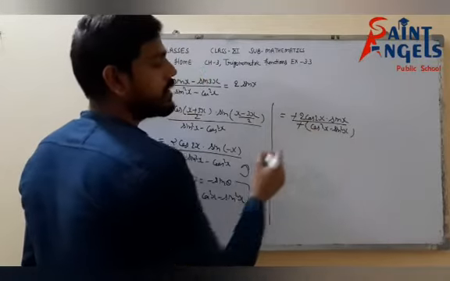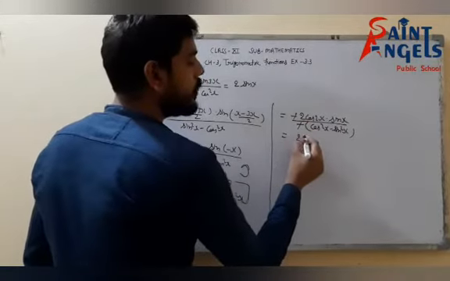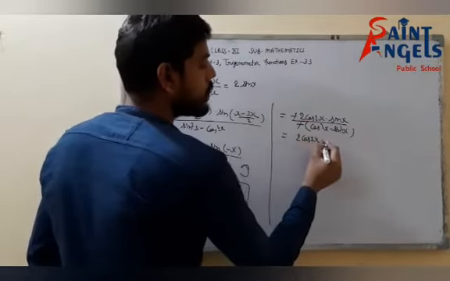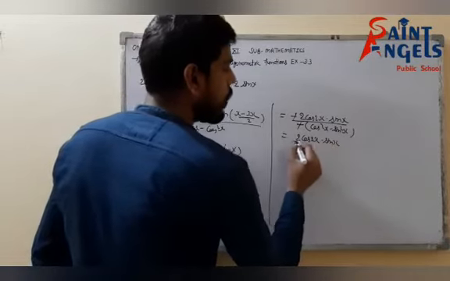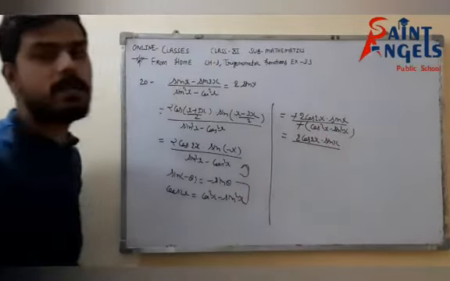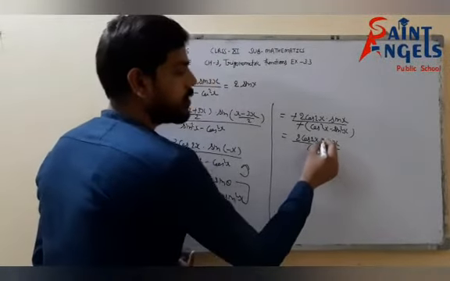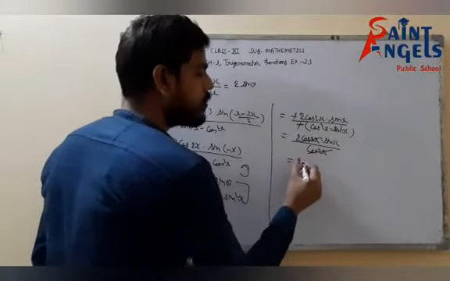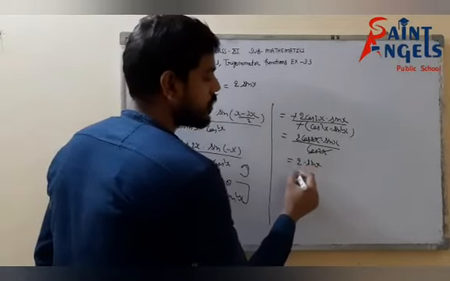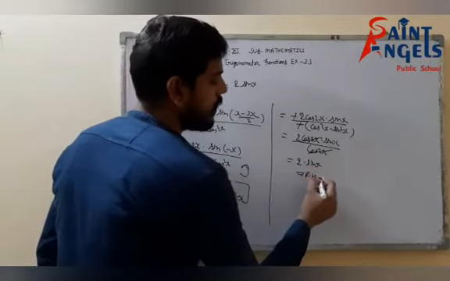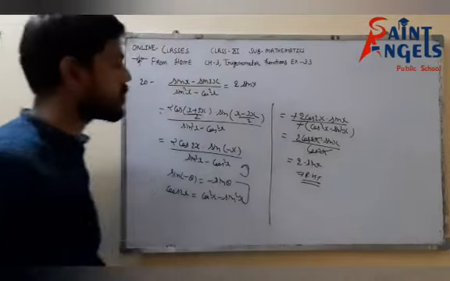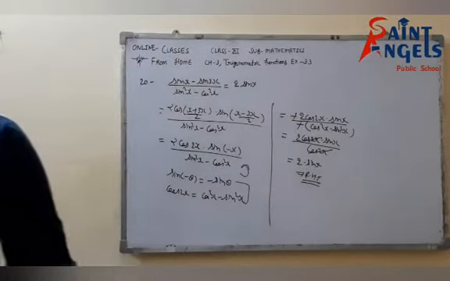The minus would be cancelled out, and that would be 2 cos 2x into sin x upon cos square x minus sin square x, which is your cos 2x. So cos 2x would be cancelled out and we are left with 2 sin x, which is equal to our RHS. Hence proved. So students, please pause the video and note this down.